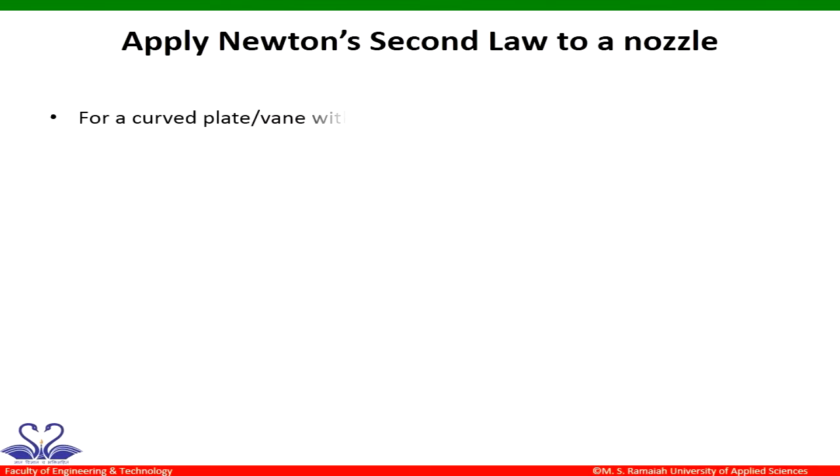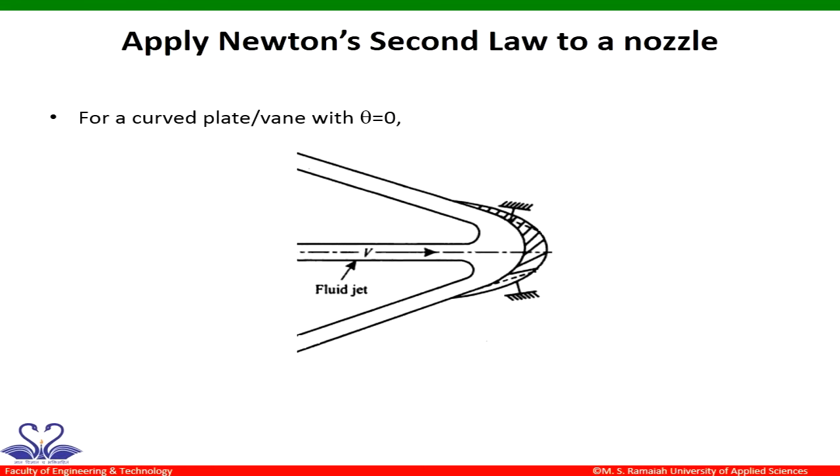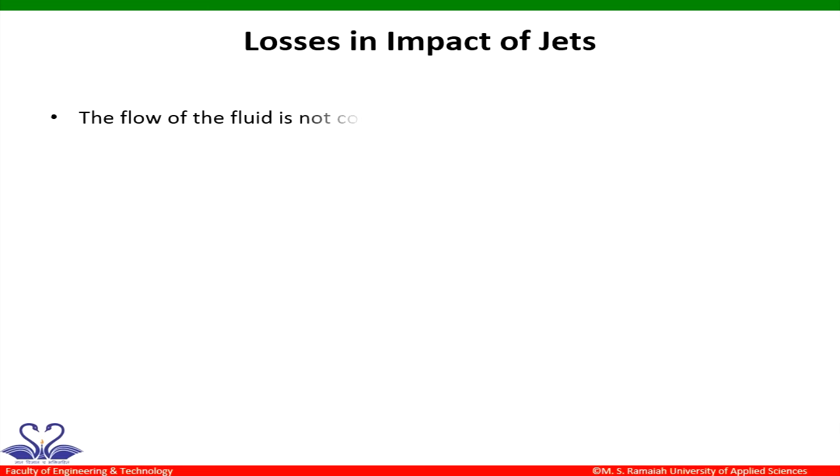For a curved plate or a vane, the force can be reduced to 2 times rho times a into square of the velocity. During the course of this impact, there are losses associated with the jet that lead to a reduced amount of the force of impact. The flow of the fluid is not completely steady.